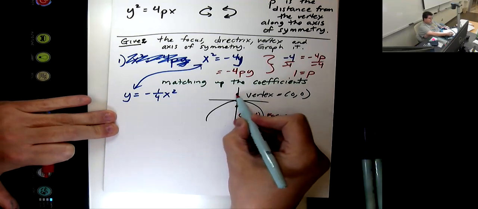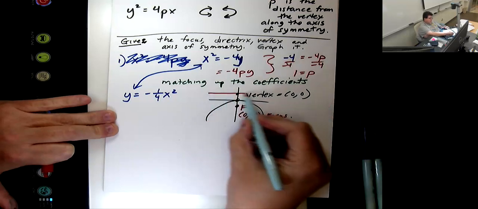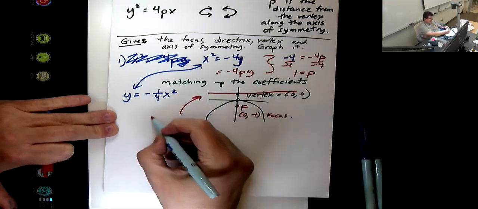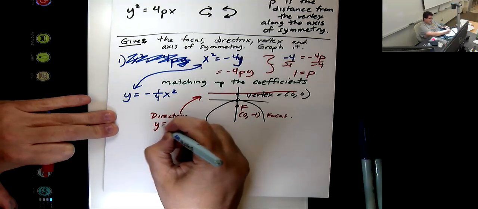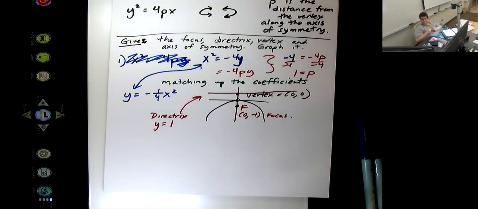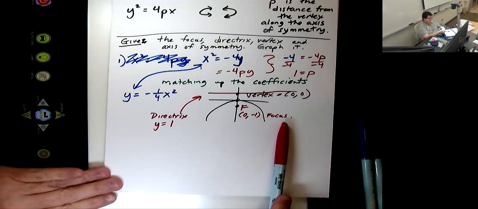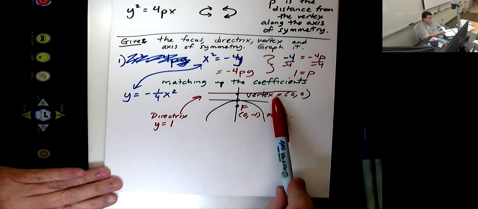And we're going to go 1 the other direction to get to the directrix. That's got to be the line y equals 1.